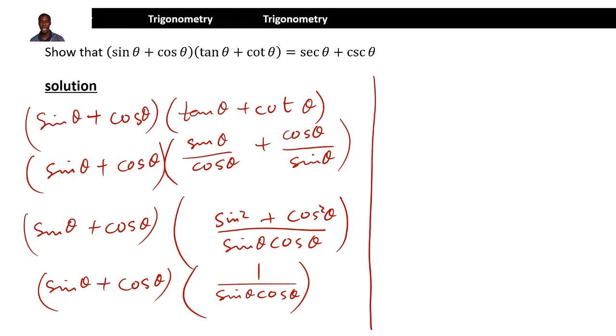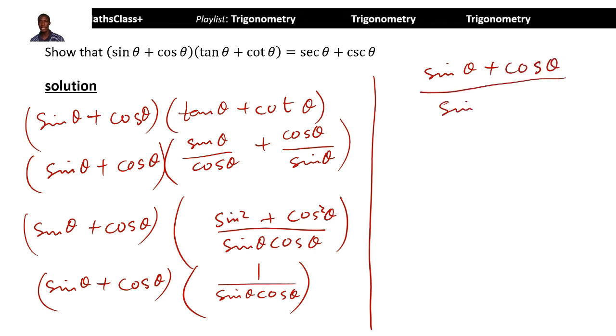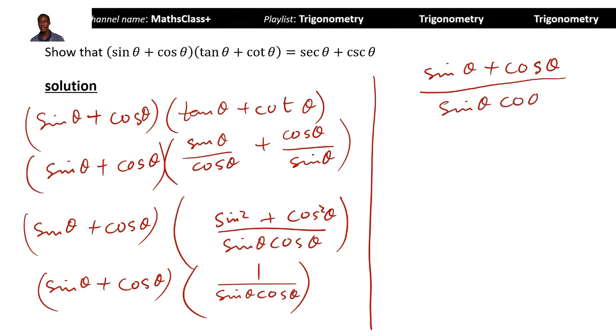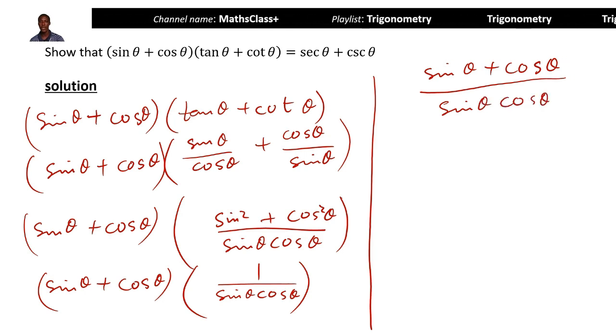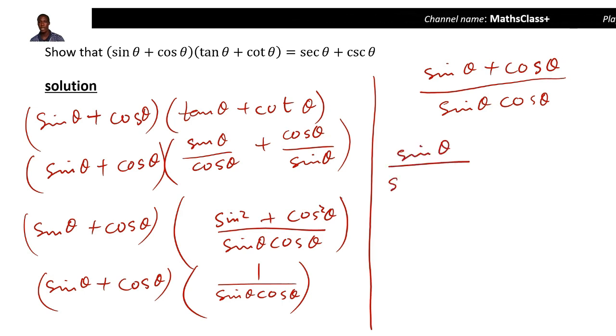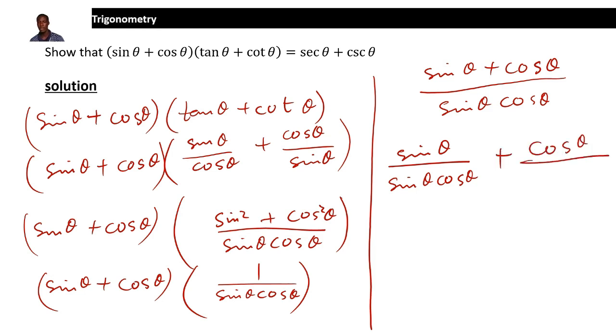And that I'll have it as sine theta plus cos theta divided by sine theta cos theta. And this can be rewritten, or can be separated into partial fractions, as sine theta over sine theta cos theta plus cos theta over sine theta cos theta.